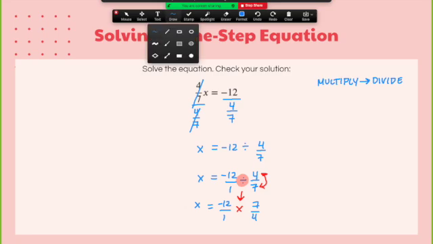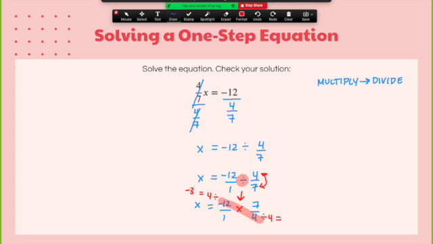I'm going to check it out. I think the only thing I can simplify here is the 12 and the 4. I can divide both of them by the number 4. If I do that, that equals negative 3. This side equals 1.